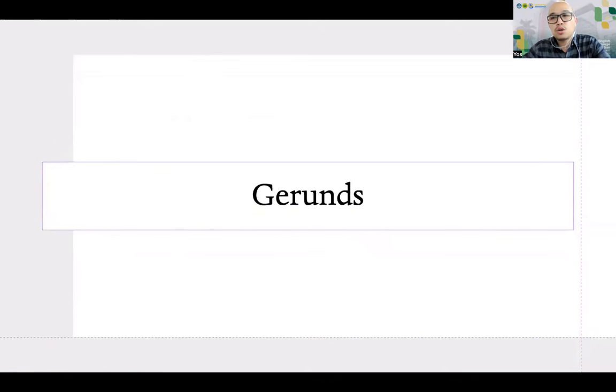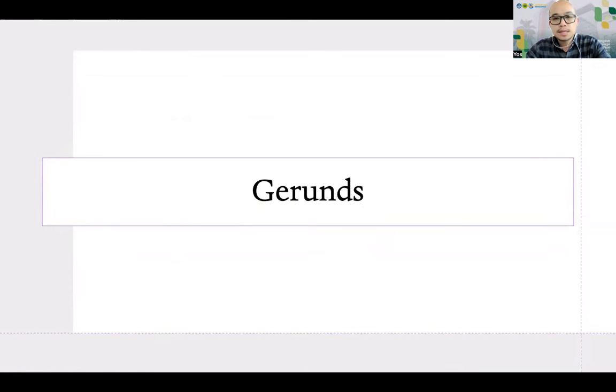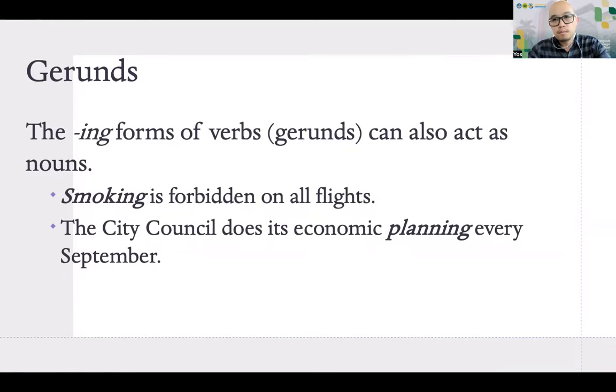Now, let's talk about gerunds. So in the last session, we have talked about gerunds. It is the ing form of a verb that can act as nouns in a sentence. Like, for example, the word smoking.